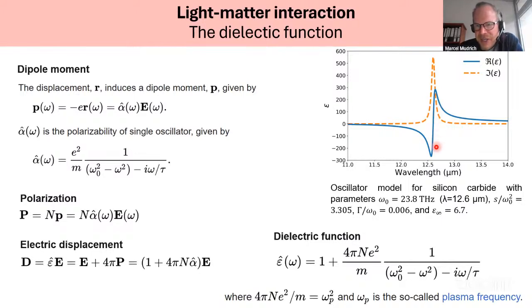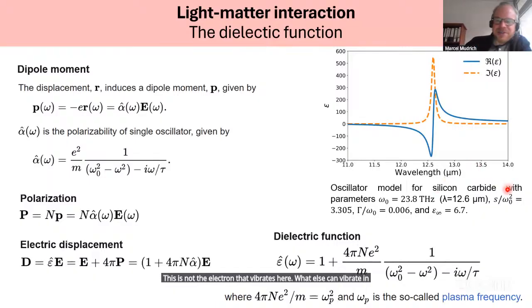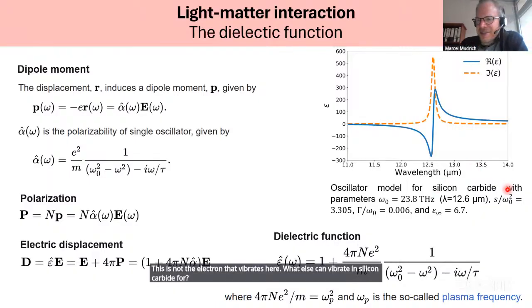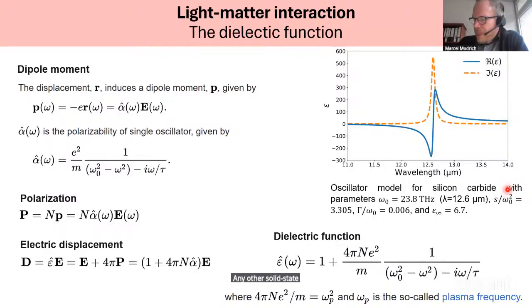What else can vibrate in silicon carbide or any other solid state material? If it's not the electron that oscillates, what else oscillates?